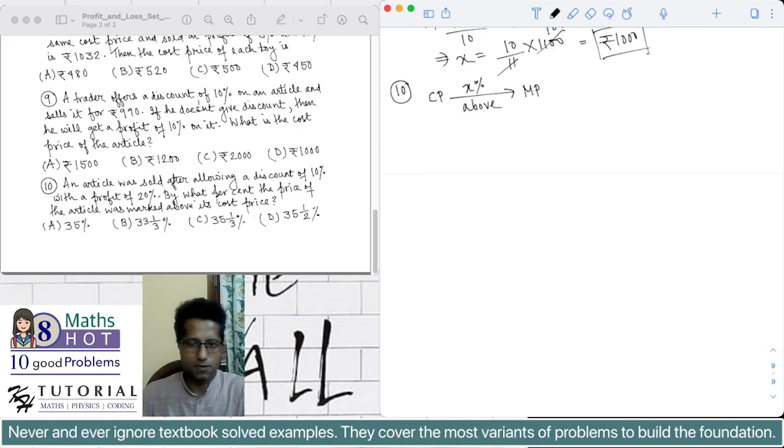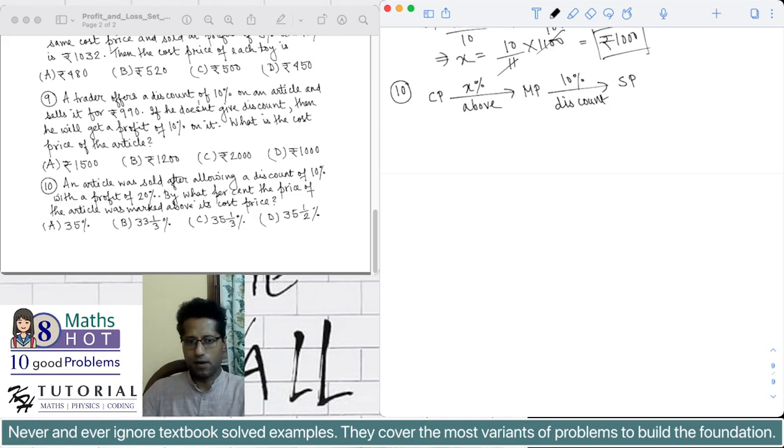And from the mark price, there is also a discount given of 10%. And after the discount, let's say we are having the final selling price as SP, and also there is a profit of 20% based on the SP and CP. So we have to find X.